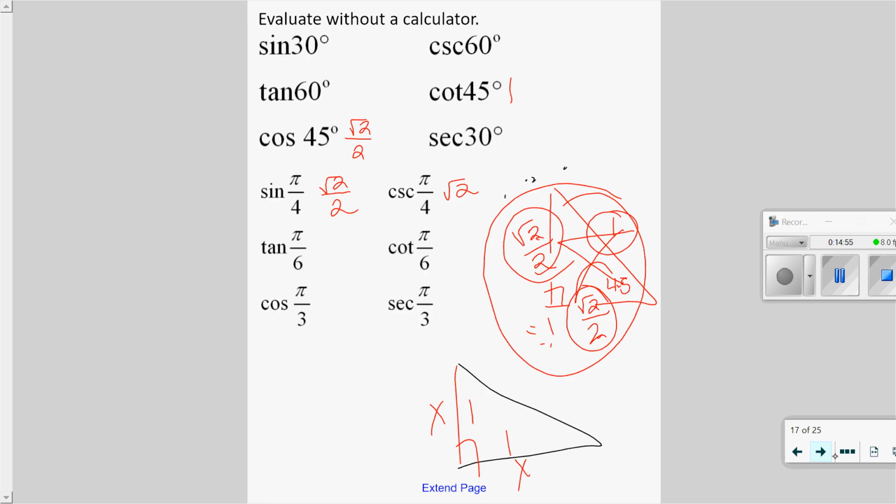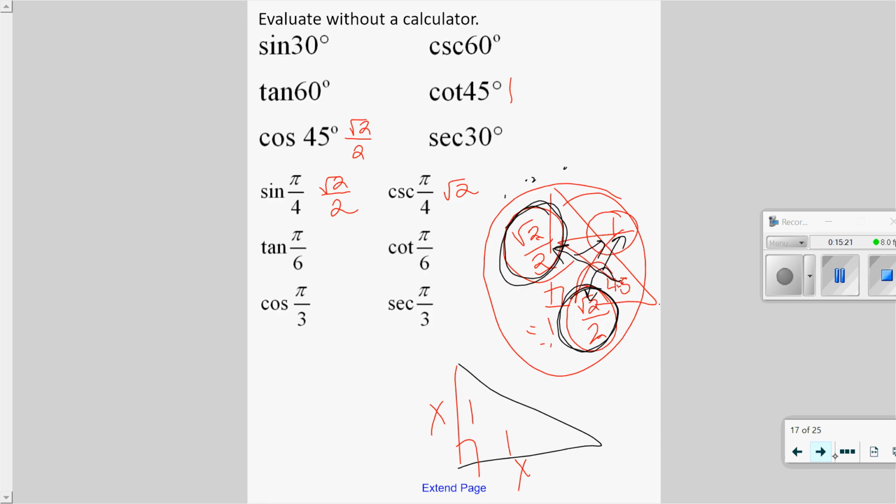Okay. What I'm trying to have you see, when you name the triangle like this, and you do sine over and cosine, why is having the hypotenuse 1 nice? It's just the numerator, right? So it is just a side length, right?